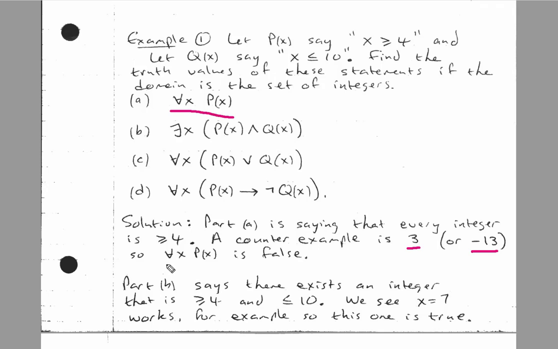So this is not true for every integer, so we say that this is false. P of x is true for some numbers like 4, 5, 6, but not for every number. Okay, so part A is false.